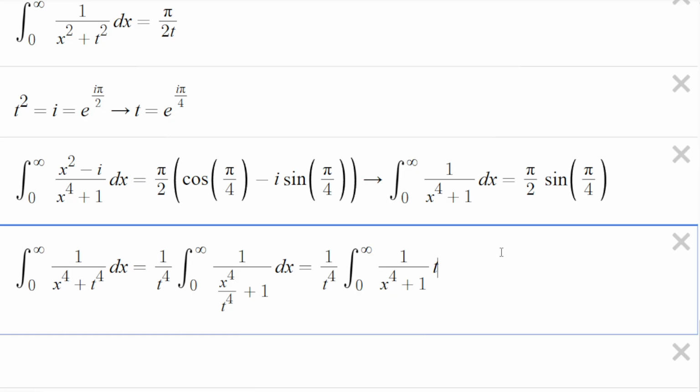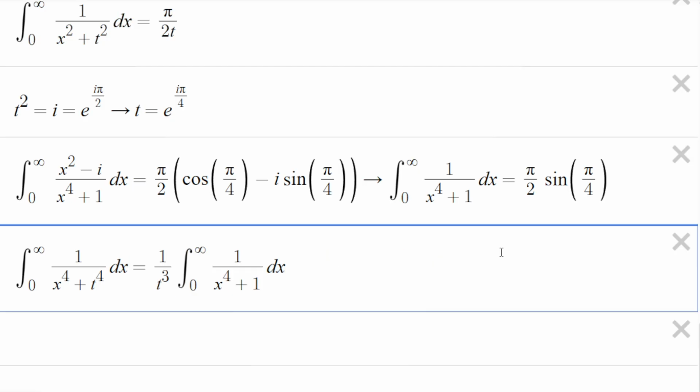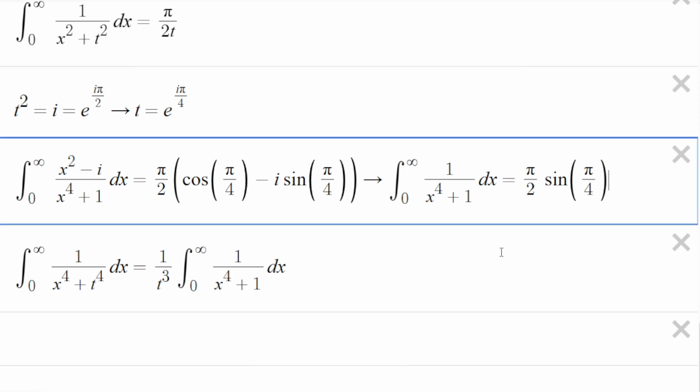So we have t dx. And this t is going to cancel one of our t's down here. So it's 1 over t cubed times the integral from 0 to infinity of 1 over x to the fourth plus 1 dx. And let's get rid of that middleman right there. So this is true, and don't forget, we know the value of that definite integral. That is just this.